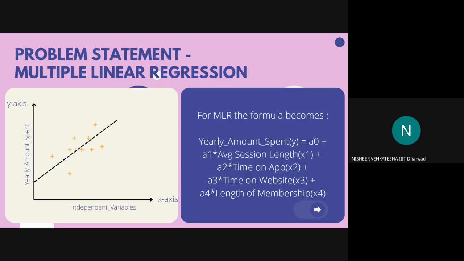So our formula becomes yearly amount spent equals A0 plus A1 into average session length plus A2 into time on the app plus A3 into time on the website plus A4 into length of the membership. These four are the extra independent variables that we have used.